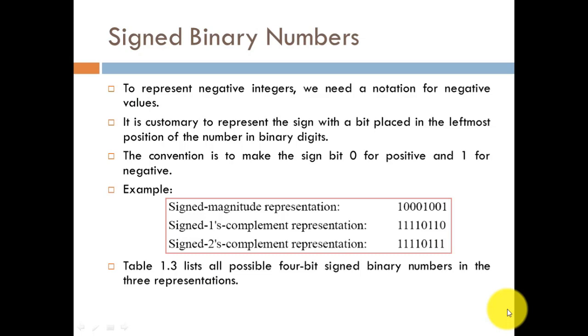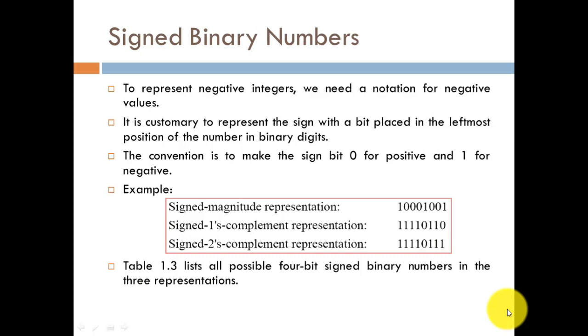We have to add 1 when converting from 1's complement to 2's complement. So we just add 1 to this digit, and we are left with 10111. This will be the 2's complement representation of this signed binary number.